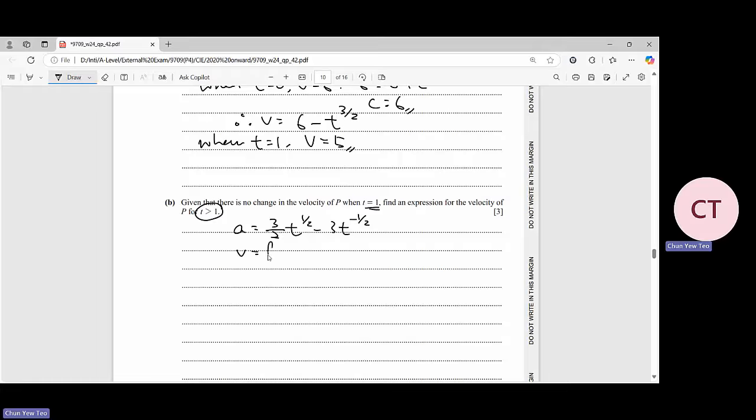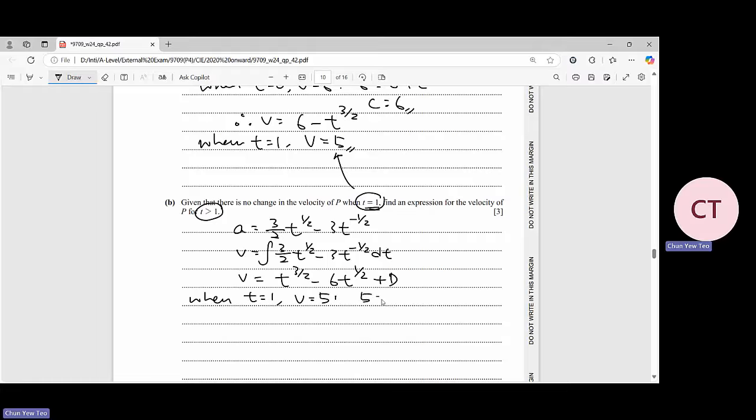To find v, I need to integrate all this. This is just a simple integration. We get t to the power 3 over 2 minus 6 t to the power half plus a constant d. When t is equal to 1, they mentioned the velocity is unchanged. The velocity is referring to the 5, so v is equal to 5.